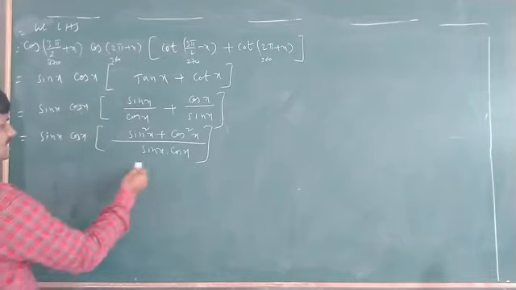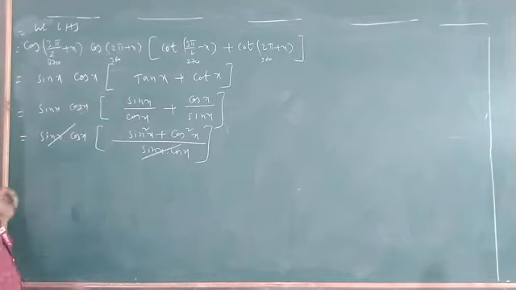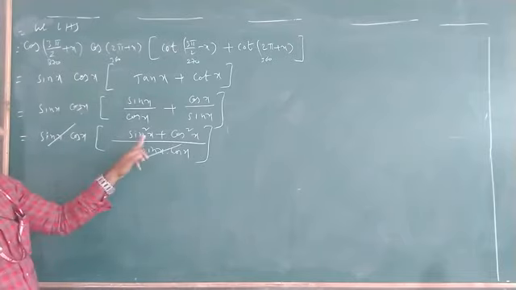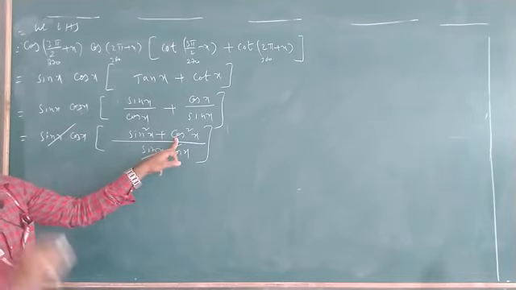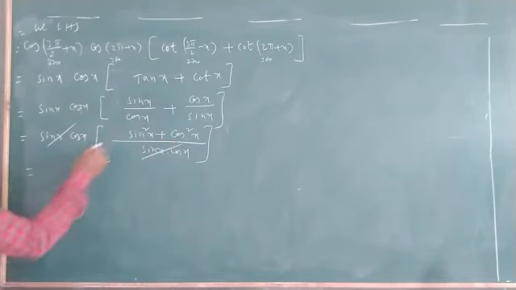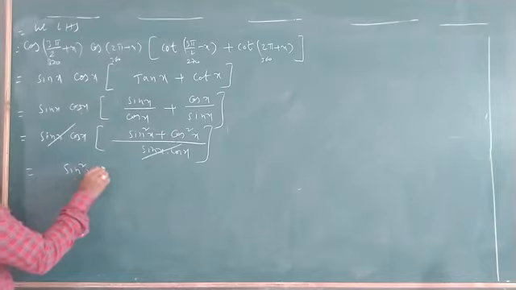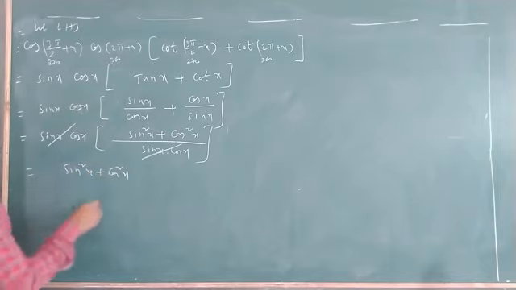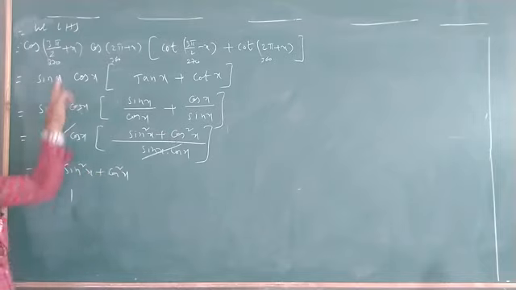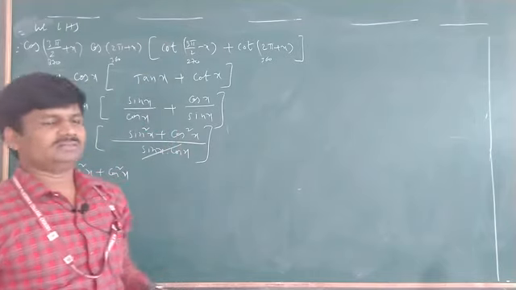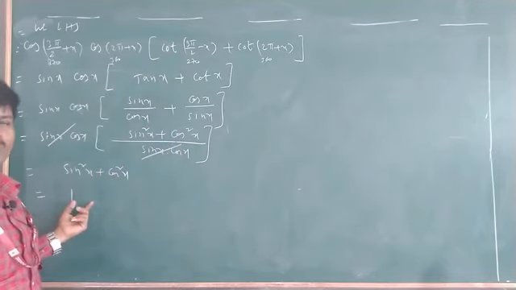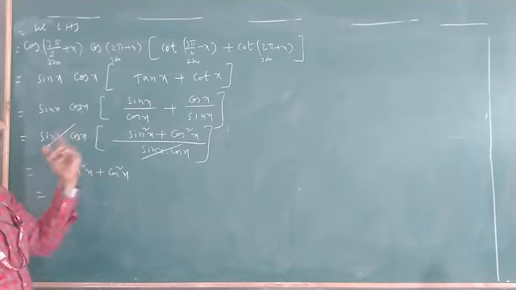Next, sin x cos x cancels, and sin square x plus cos square x is the identity with value 1. So this value equals 1, which is what we had to prove. Understand?